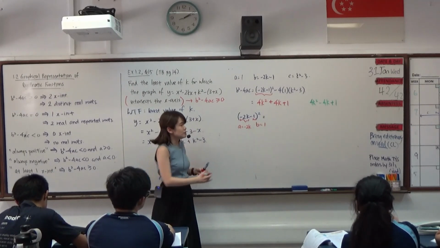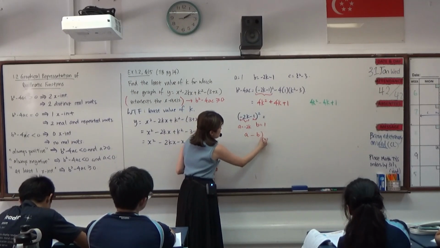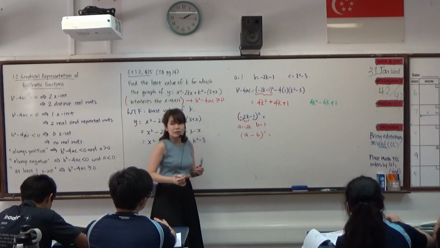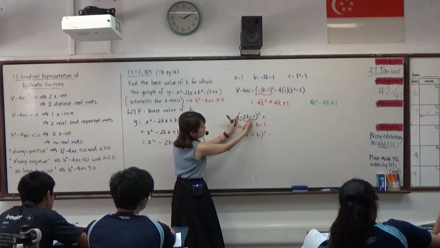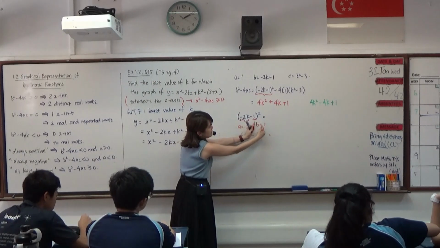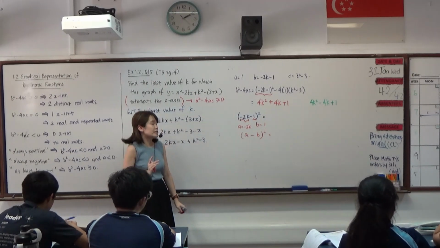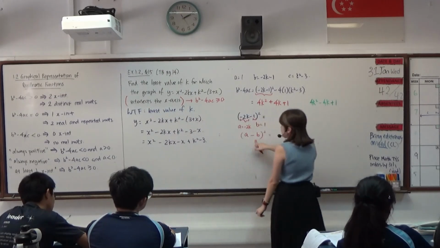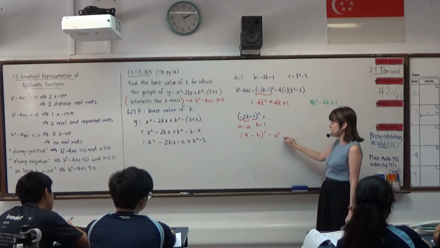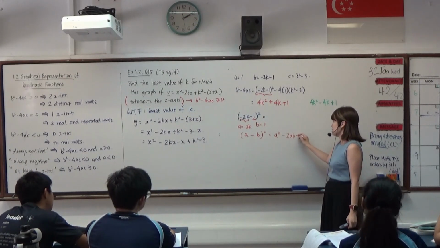Okay? If you are using the A minus B bracket square identity, because we must segment out, this A minus B is just a number. We don't take the sign with it. So in this identity, it expands out A square minus 2AB plus B square.